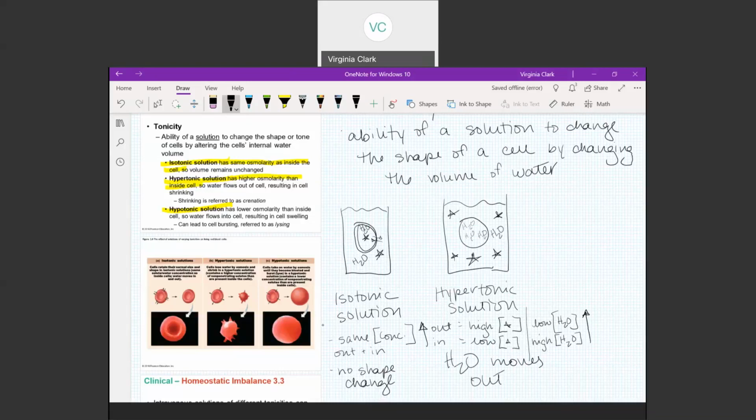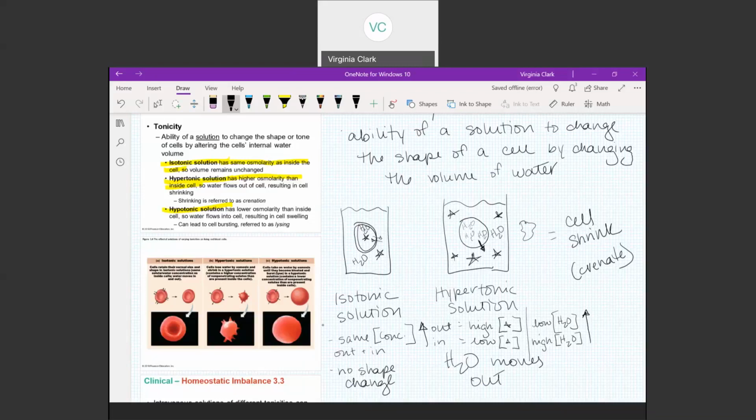If water is moving out of the cell, then the cell is essentially dehydrating, or shrinking. Your cell will shrink, otherwise known as crenate. So you will get essentially a raisin-type cell. That's what's happening in a hypertonic solution.